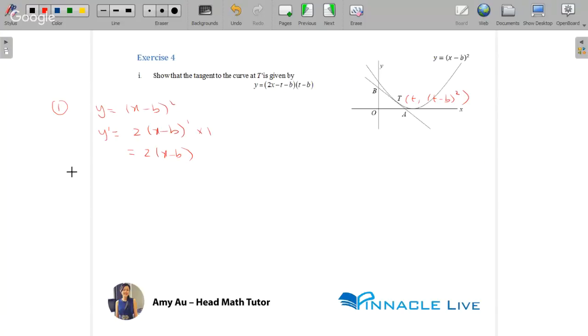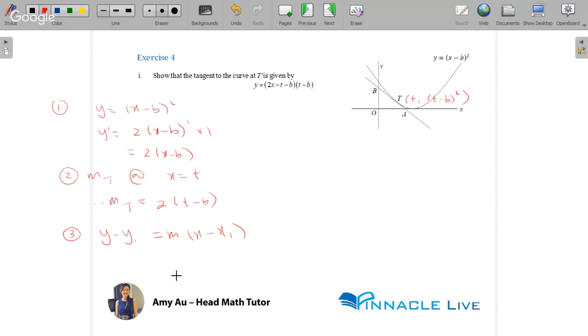Second step, find the gradient of the tangent at the point you're looking at. The point we're looking at is t. So the gradient of the tangent according to our y dash should be just 2 times t minus b. Then the third step, we put this into the point gradient formula.